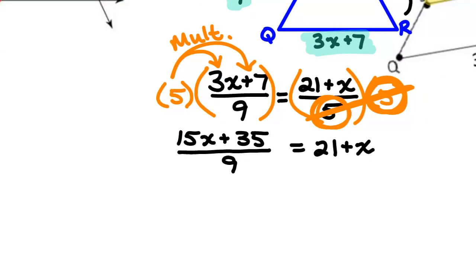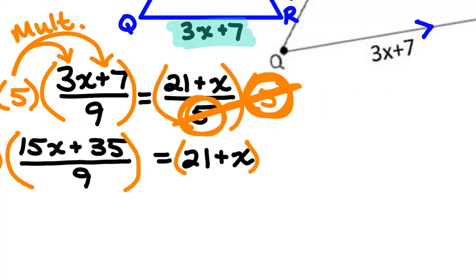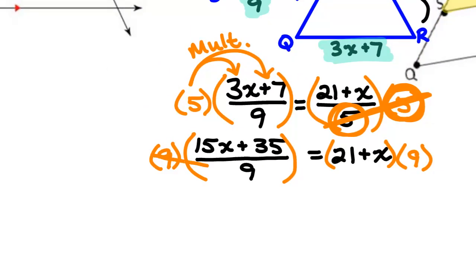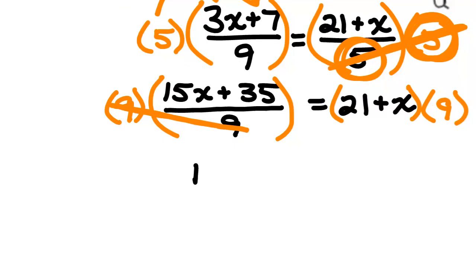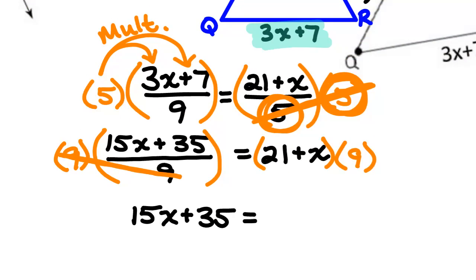Then we need to get rid of our other denominator of 9, so we're going to multiply both sides by 9. That's going to cancel my denominator out. Remember, that does nothing to the numerator. If it cancels, the numerator is unchanged. 15x plus 35 is equal to, over here, this 9 has to distribute to both of these pieces.